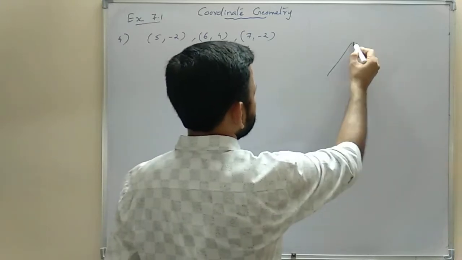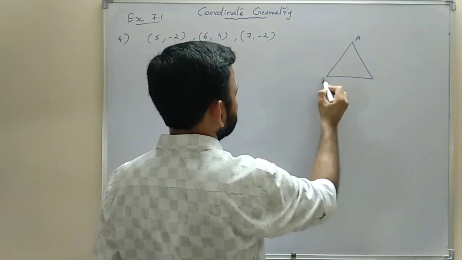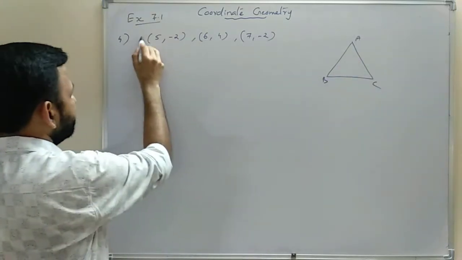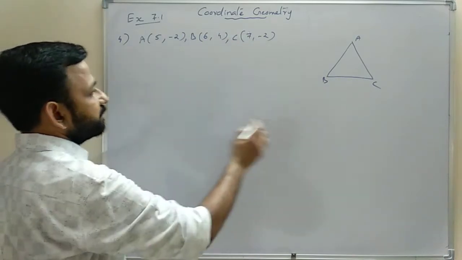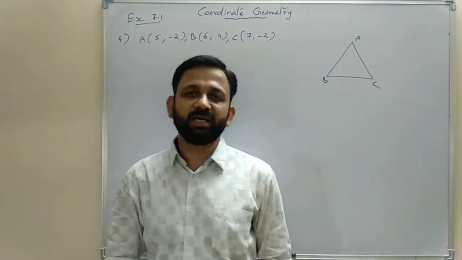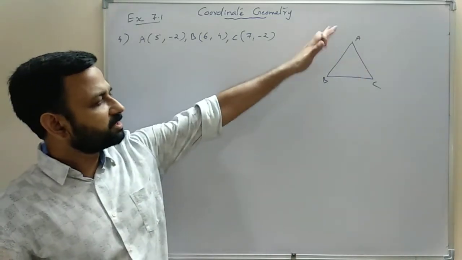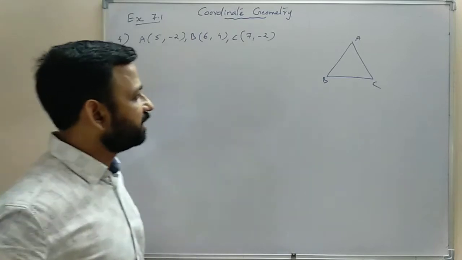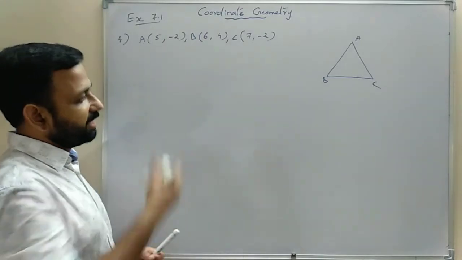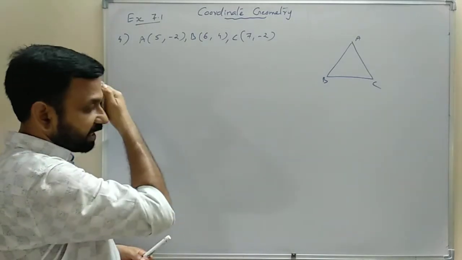Let the vertices of triangle ABC be A, B and C. If it is an isosceles triangle, then 2 sides will be equal. So we need to find AB, BC and AC of that triangle.